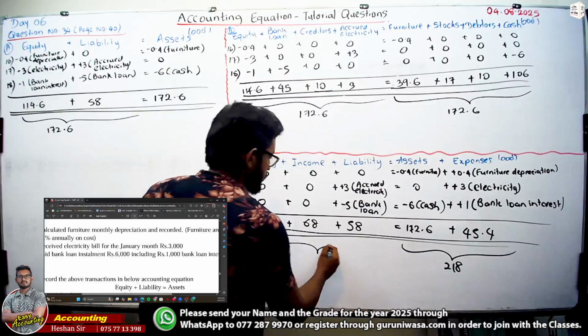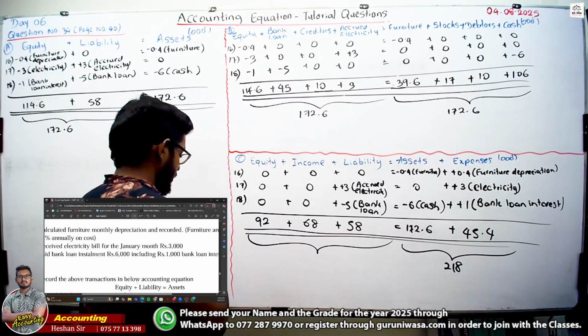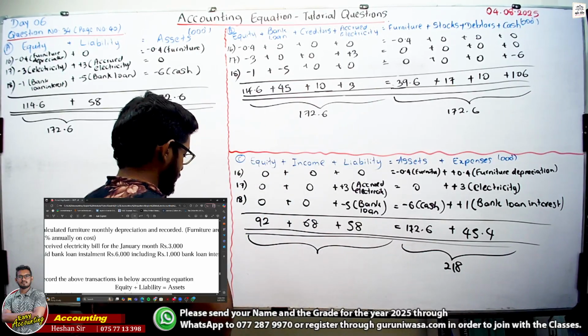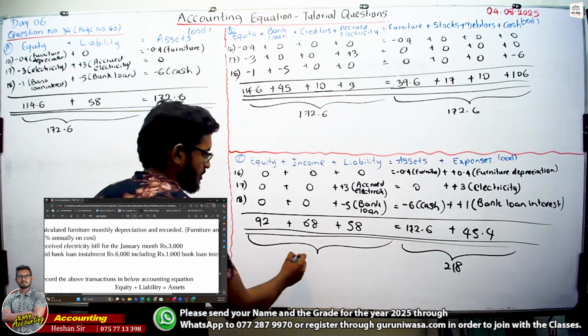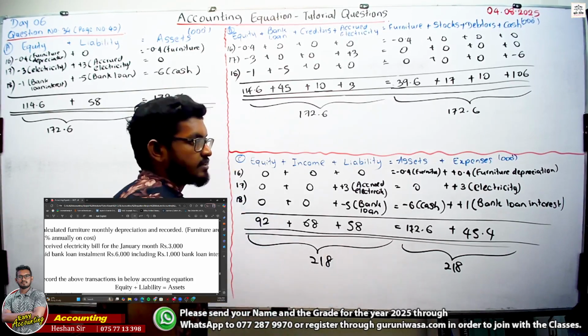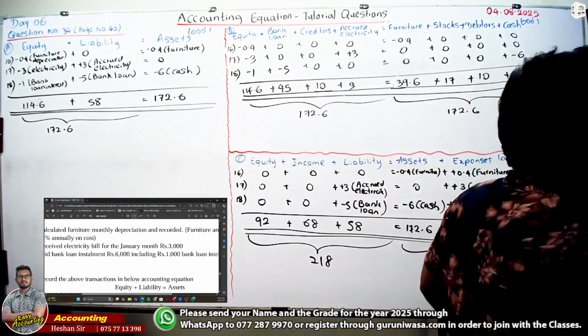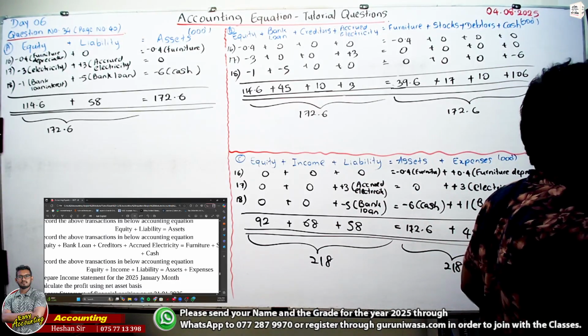These three also should be equal to 218, right? 92 plus 68 plus 58, yes, 218. Both sides tally. All clear to you guys?